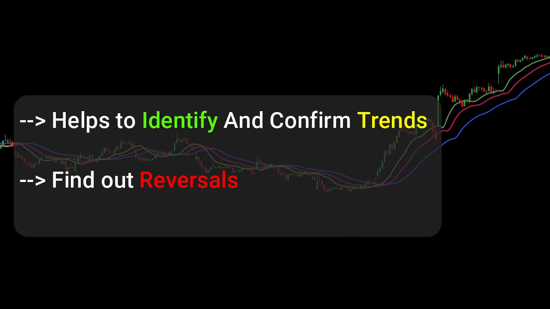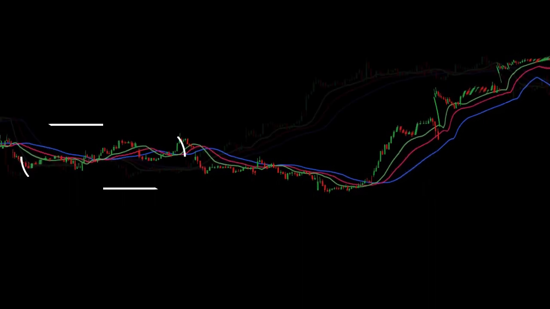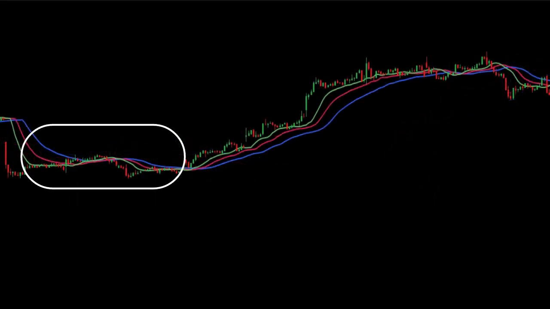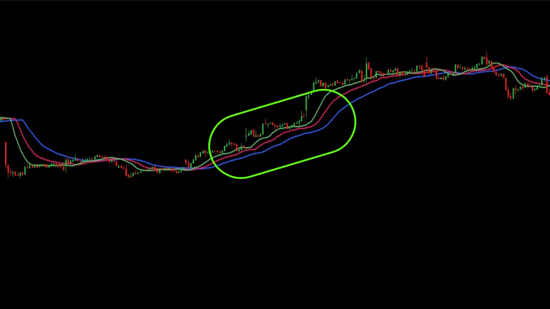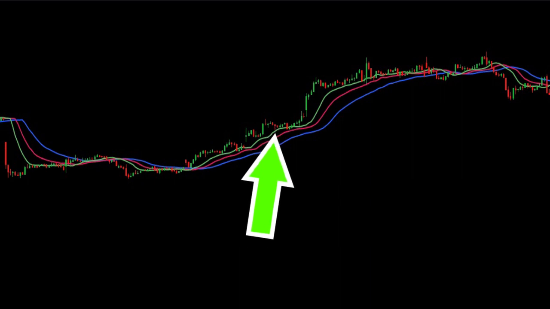The alligator indicator strategy can identify range markets. When the lines are closer together and intersect each other multiple times with no clear direction, it infers that the alligator is sleeping. In that case, even if the lips cross upward through the other lines, it is not advisable to take any positions just yet.